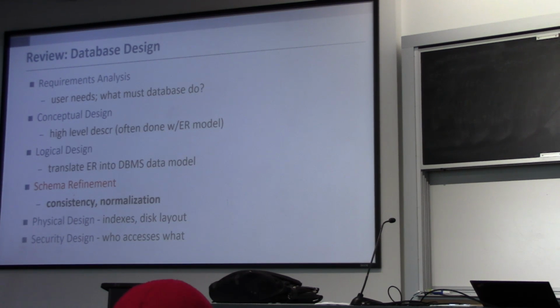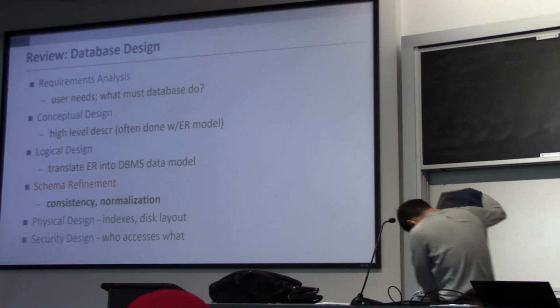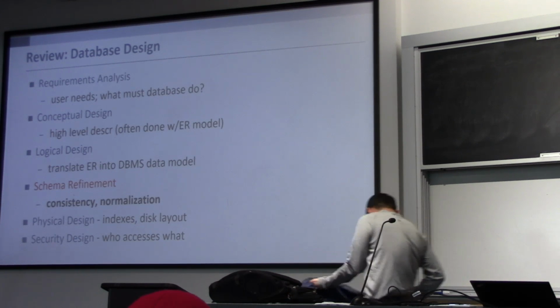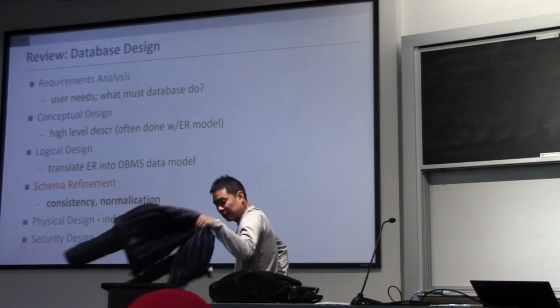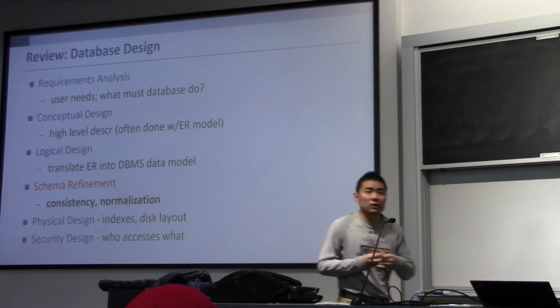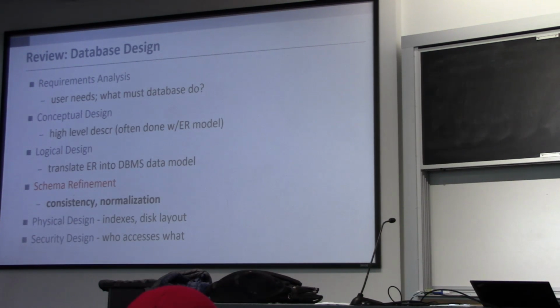Is that right? So, what if you have more sophisticated constraints you want to check? You cannot catch that using just those things we already talked about.